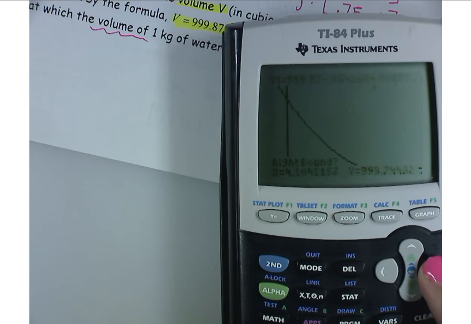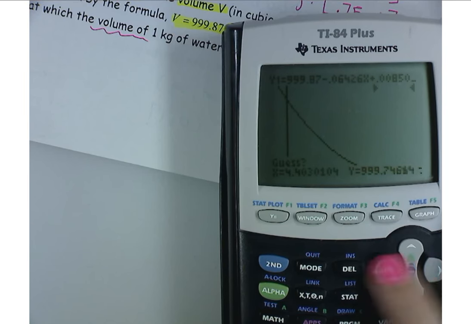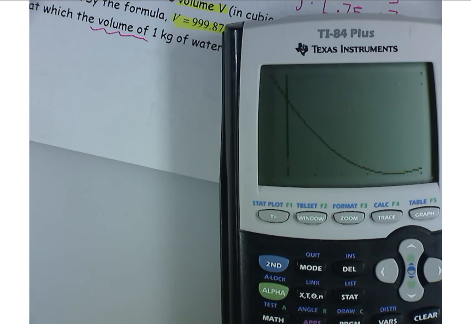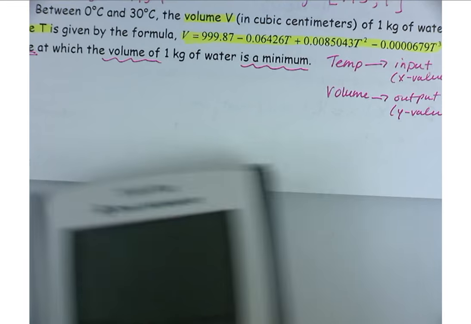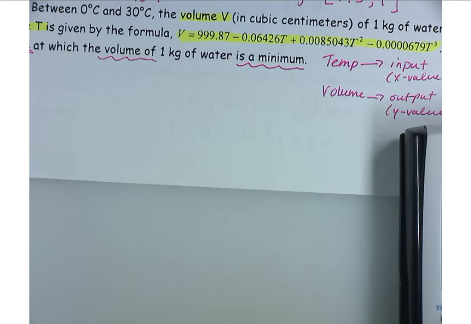And those are starting to get higher. Okay, good. So did you guys get 3.9665527? And then 99.744?